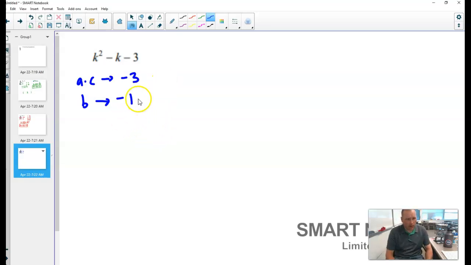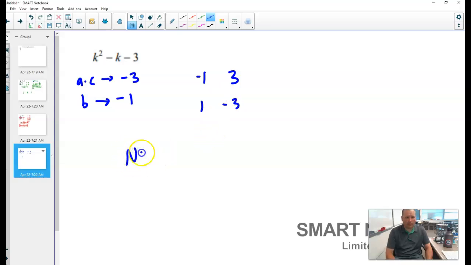And so I'm going to look for two numbers that multiply to negative 3 and add to negative 1. So let's see here, the only factors of 3 are 1 and 3. And if I make that negative, when I add that, that gives me positive 2. Or if I go here, that gives me negative 2. If you ever have this situation where you can't find two numbers, those are the only two options that I have.